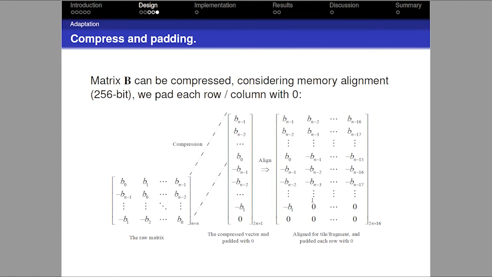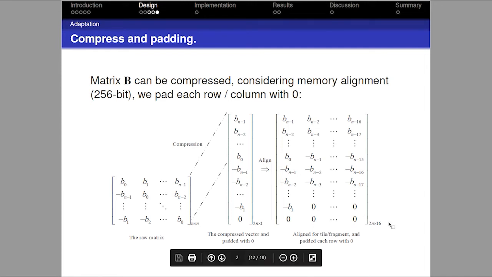The alignment is 256 bits, which means 16 half precisions are required. So the matrix size becomes 2n multiplied by 16.